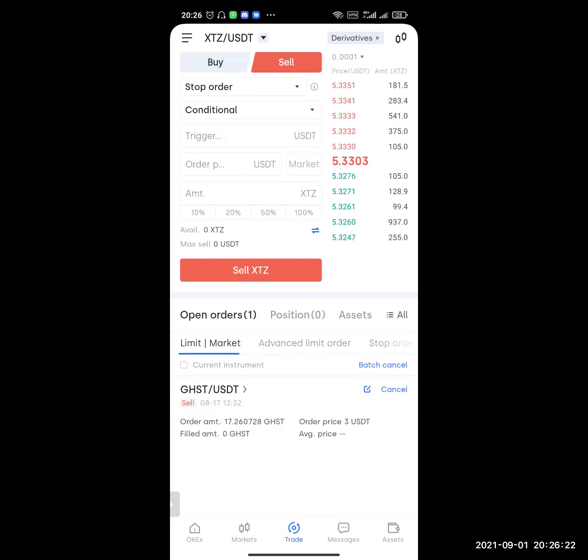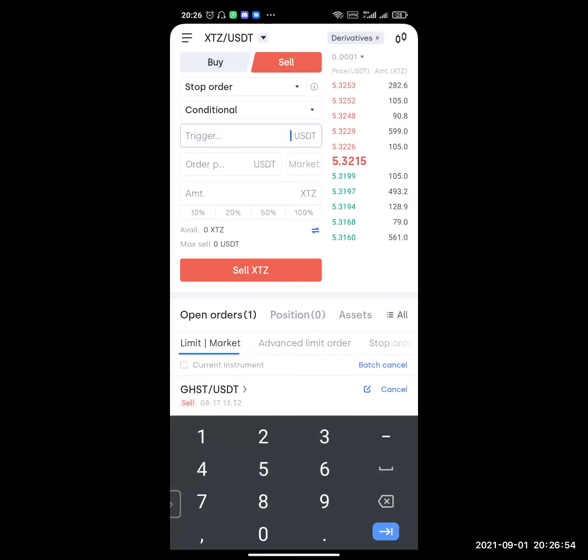Since you bought this coin at $3, your expected profit is at $6, but now it's at 5.3, and you don't want to lose any money. Just in case you wake up tomorrow morning and the market is red and your profit is gone, to avoid that, you set the market to close the trade for you in profit, even if it doesn't reach your target.